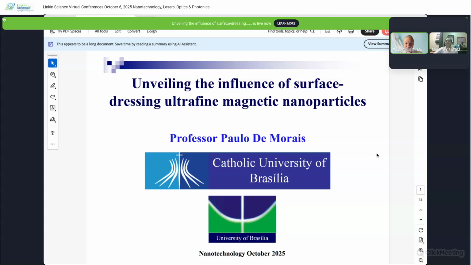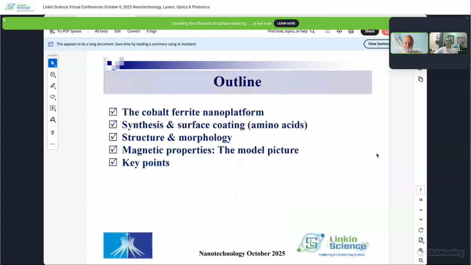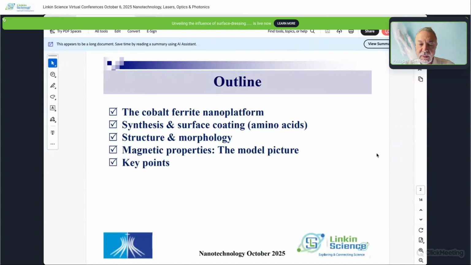So here is my agenda for today. Briefly, I will present you the cobalt ferrite nano platform, and then I will switch to a brief description of the synthesis and the surface coating of cobalt ferrite nanoparticles.